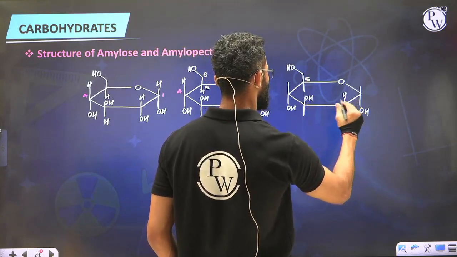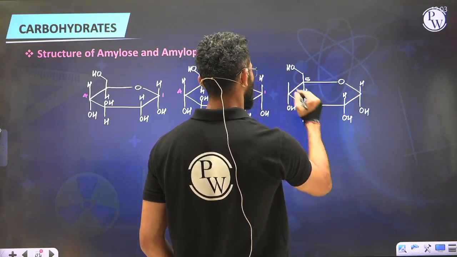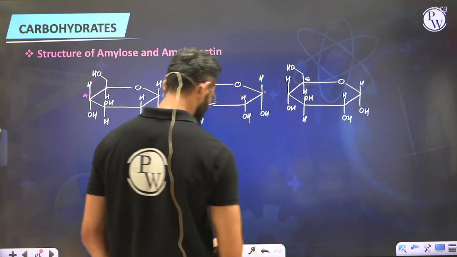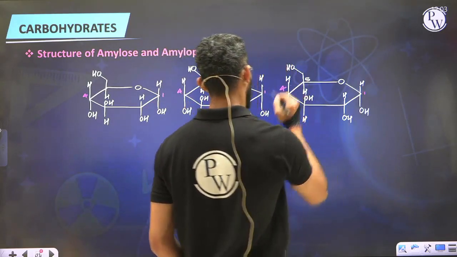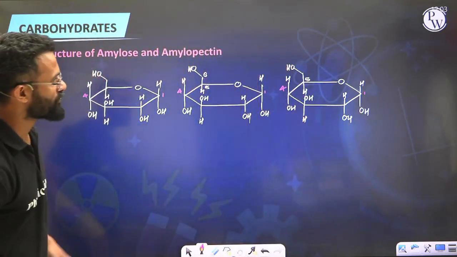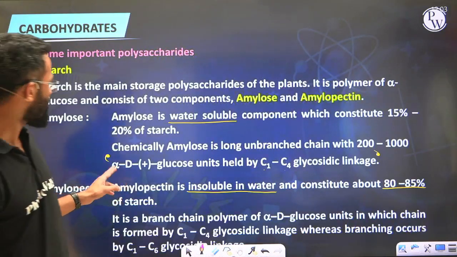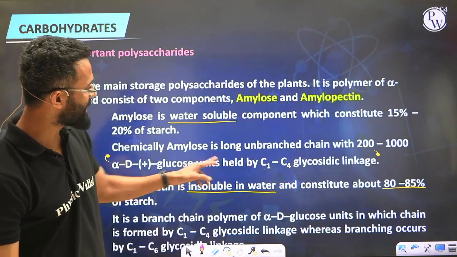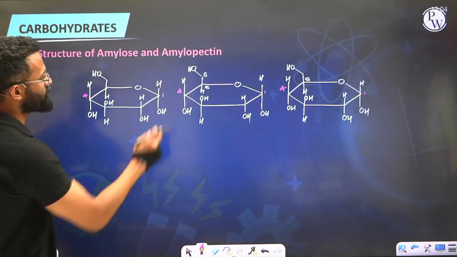Remaining valencies we satisfy by H as usual. Again, we'll highlight that this is C1 and C4. Now see, what we have mentioned in amylose is that we have alpha D glucose units held by C1-C4 glycosidic linkage. So we have to condense OH from C1 and C4.